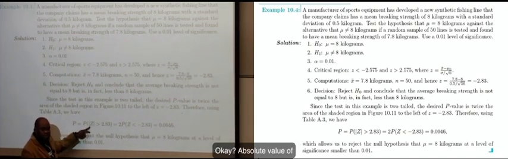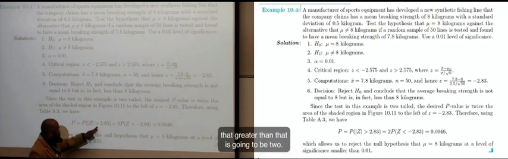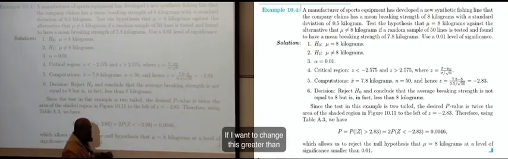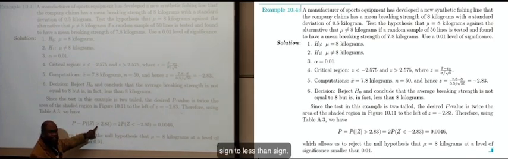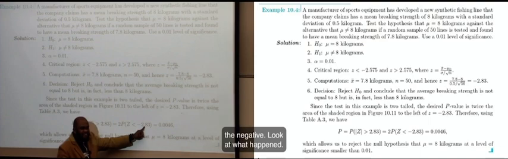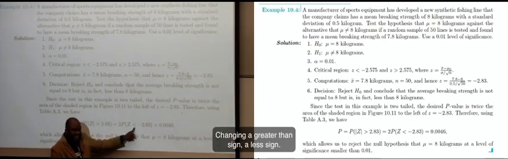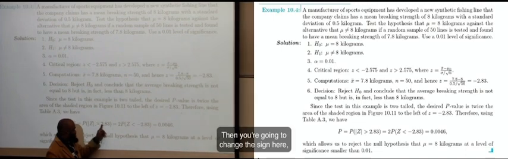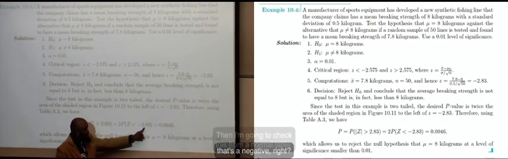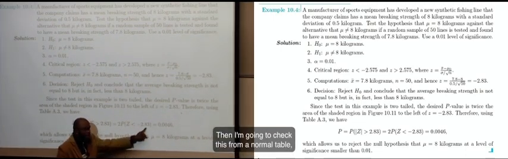And the absolute value of Z greater than that is going to be 2 times the probability. If I want to change this greater than sign to a less than sign, this guy is going to change to negative. Look at what happened. Changing the greater than sign to a less than sign, then you're going to change the sign here. That's a negative, right? Then I'm going to check this from a normal table.